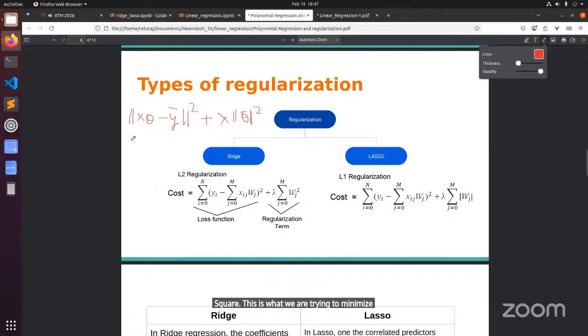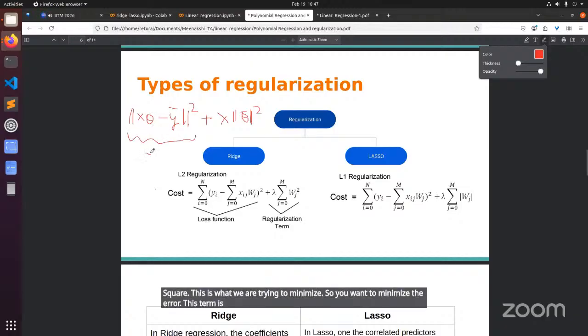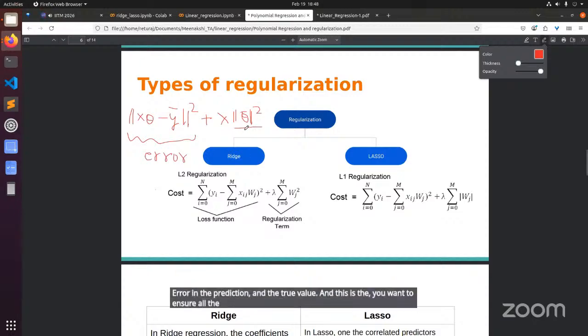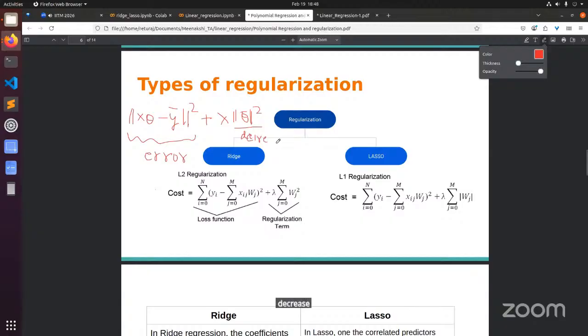This term is the error between the prediction and the true value, and you also want to ensure all the thetas are small. So you want to minimize the error, plus you also want to decrease the value of theta. So this is what you are doing.